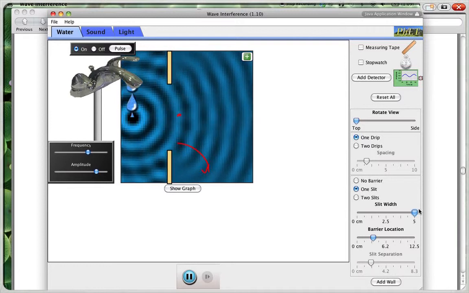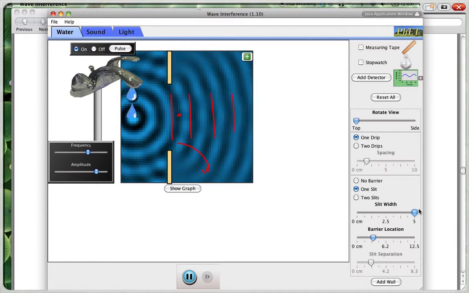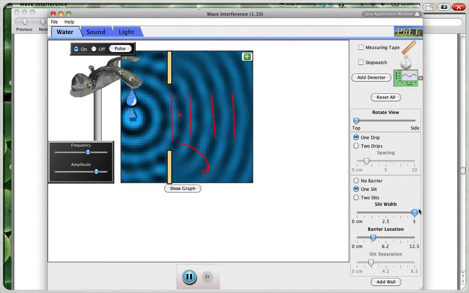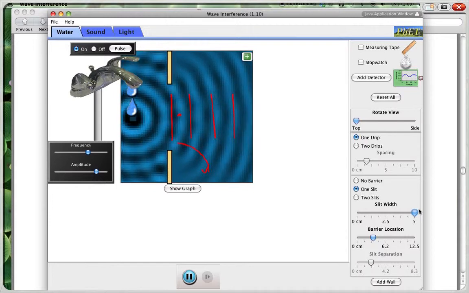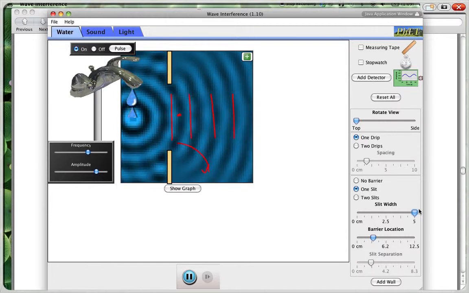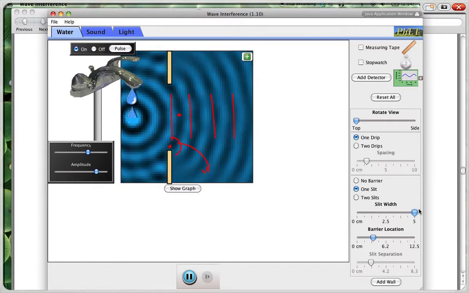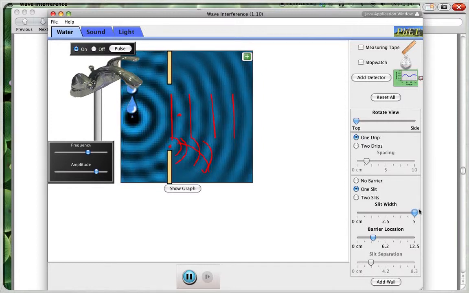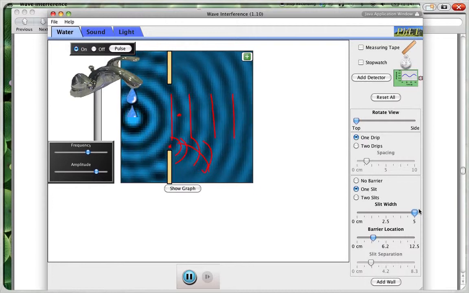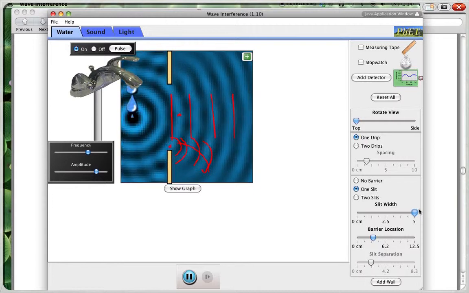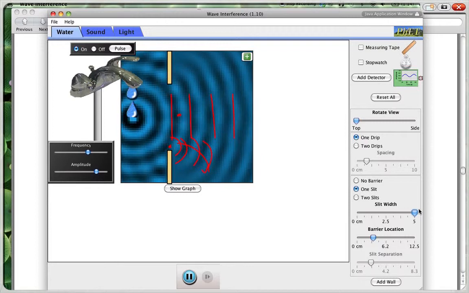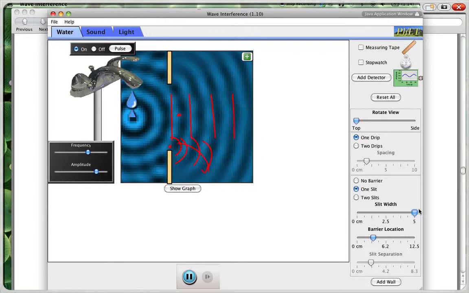The idea behind it is that a wave over here in the center, you'll be having your wave fronts that will be going like that, but on this side over here, by Huygens principle, each point on the wave is a new source of a wave. These points over here are making new waves, but they haven't got points to the side of them to cancel them out. So these form circular waves that go out like that.